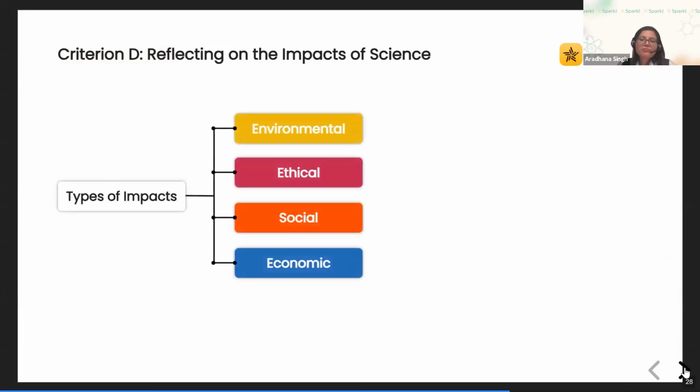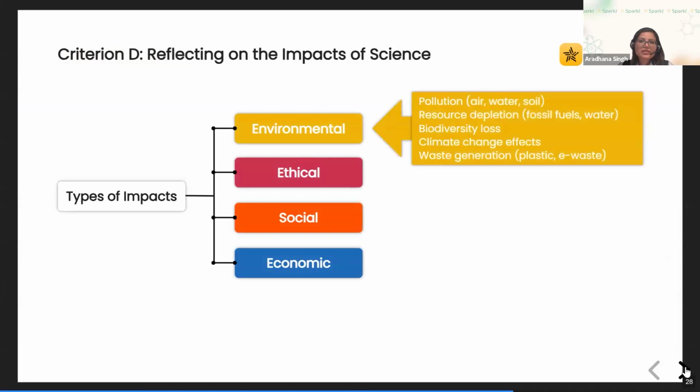Now, these are the types of impact which you can explain: environmental impact, ethical impact, social impact, and economical impact, right?